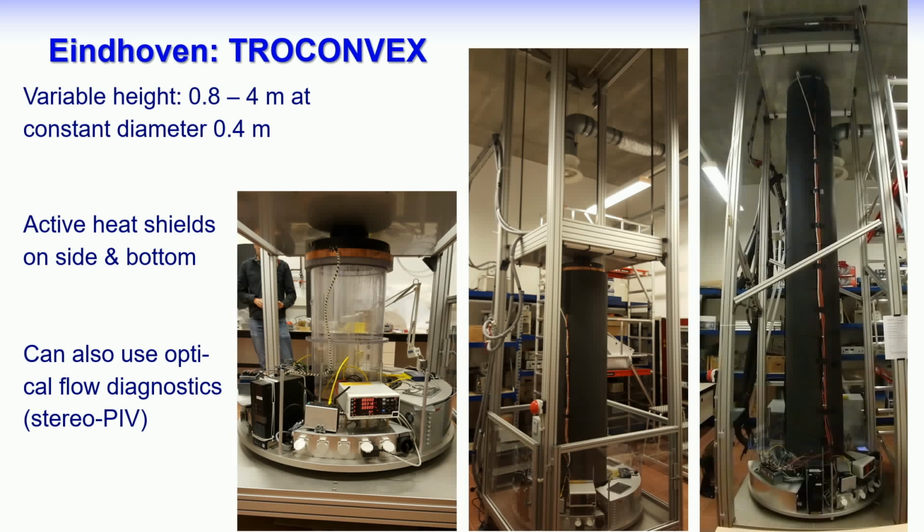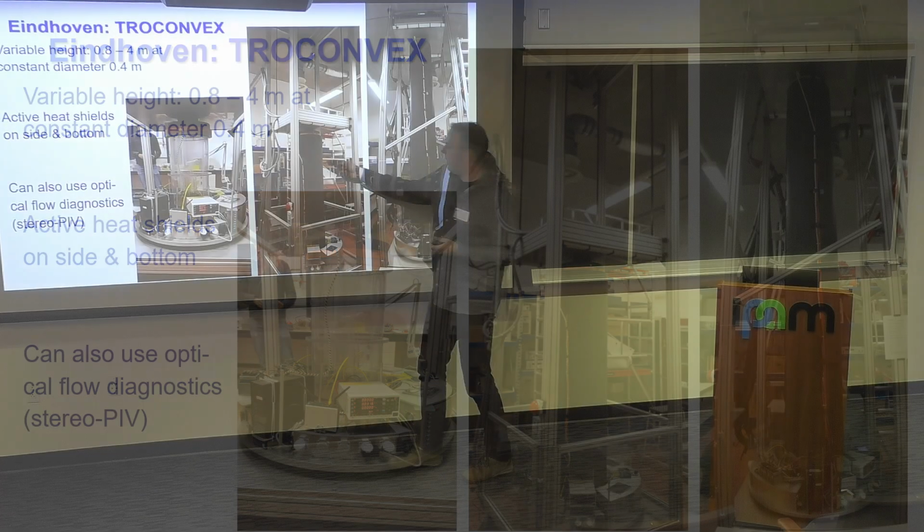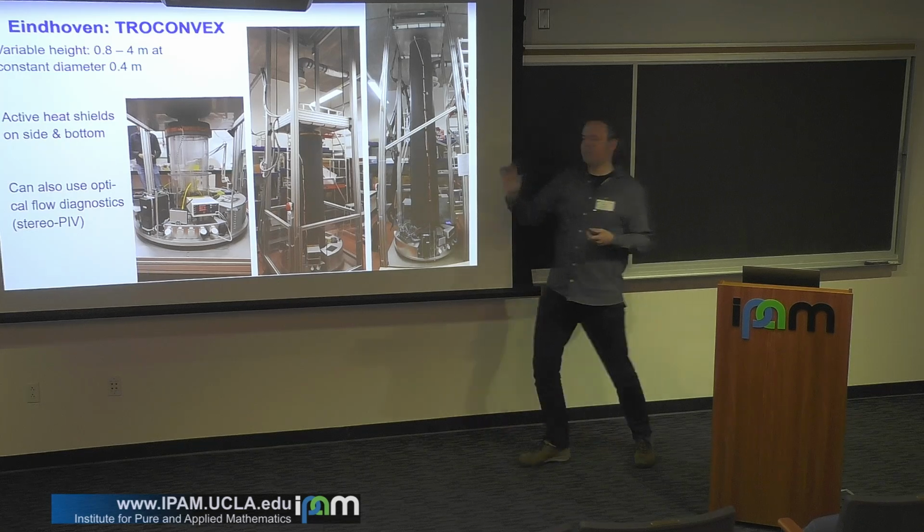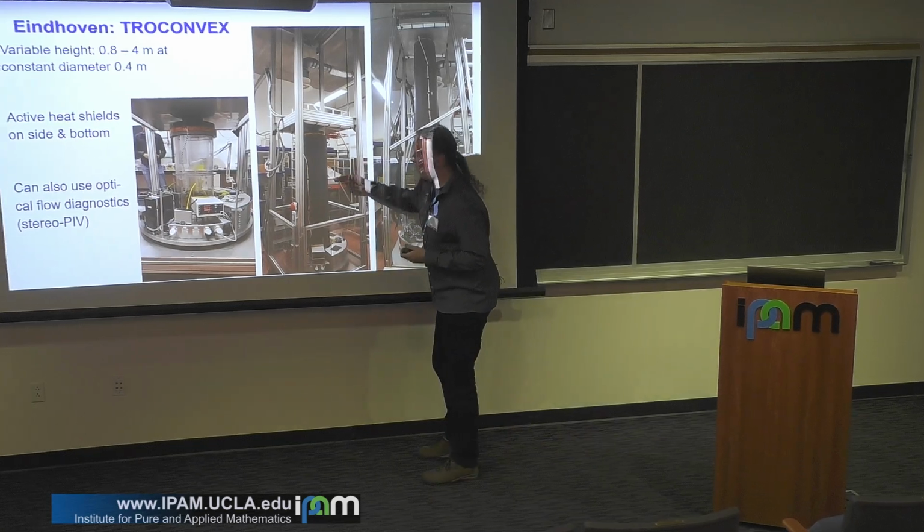At the same time, we were building this big machine in Eindhoven, which is actually a modular design, so you can also use different heights by different segments to be included. We also took care of the insulation for the heat transfer measurements, where there are different individual sections, each with their own heater, and they would be set to have a temperature equal to the temperature measured at that particular height.